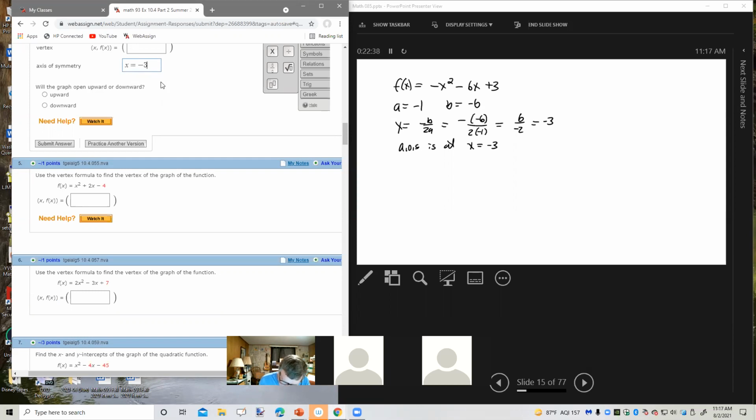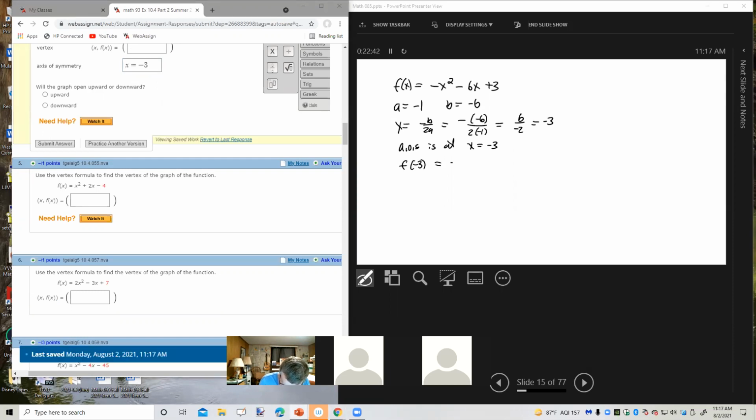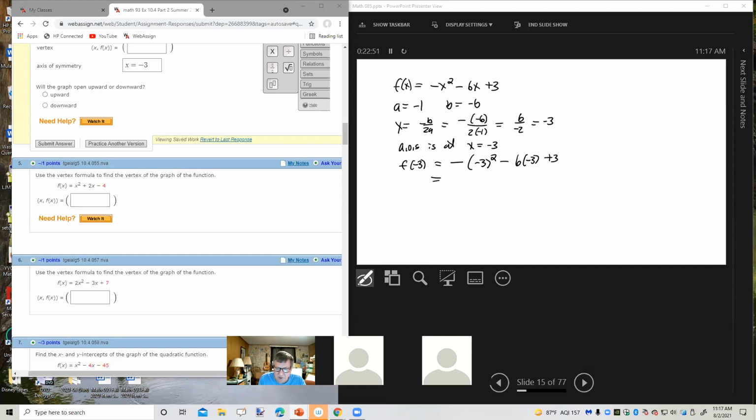Okay. Now, f of negative 3 is negative times negative 3 squared minus 6 times negative 3 plus 3. Now, order of operations, we square the negative 3. Negative 3 times negative 3 is 9, but then there's a negative sign in front of it. Then we've got minus 6 times negative 3, which is plus 18, plus 3, which is what, 12?